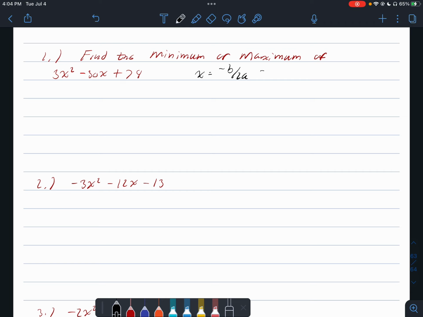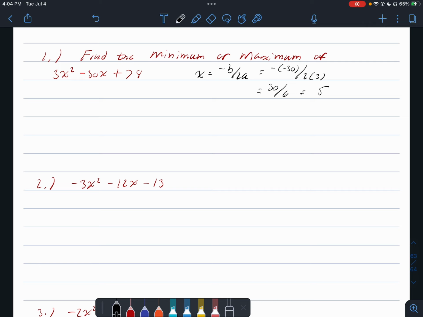So for this one, it's going to be negative negative 30 over 2 times 3. Negative 30, that's positive 30. So we'll have 30 over 2 times 3, which is 6. And 30 divided by 6 is 5. So we know the x component of our vertex is 5.